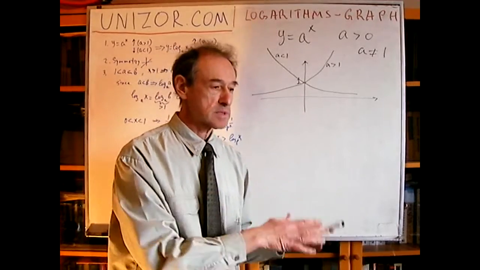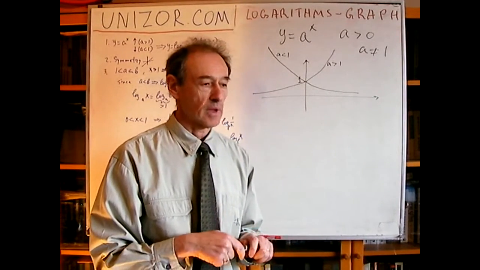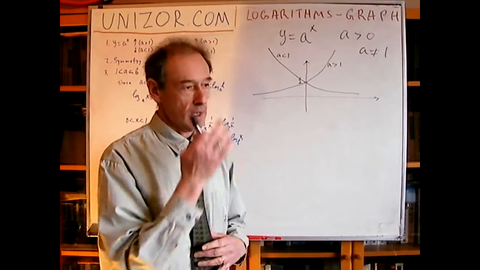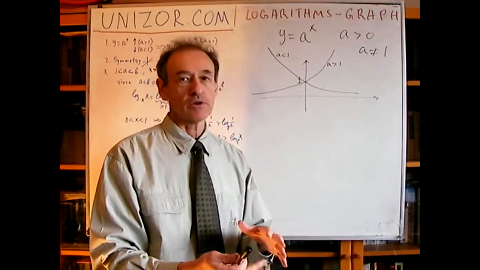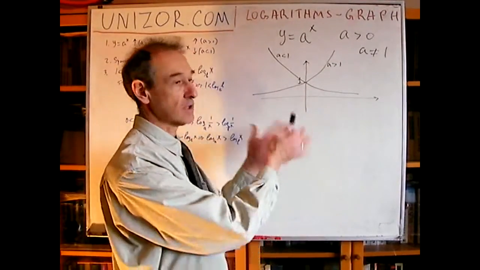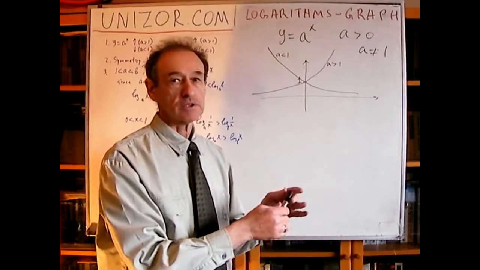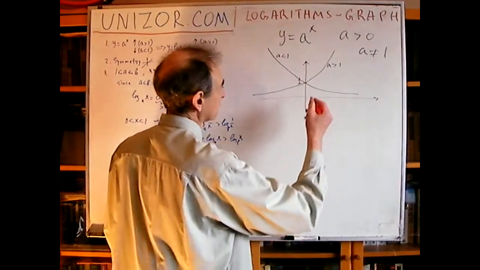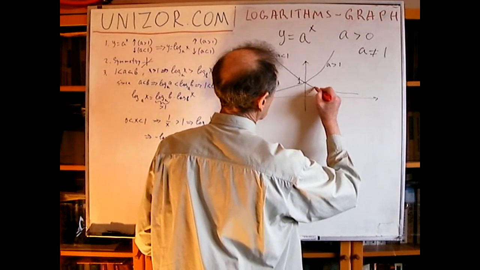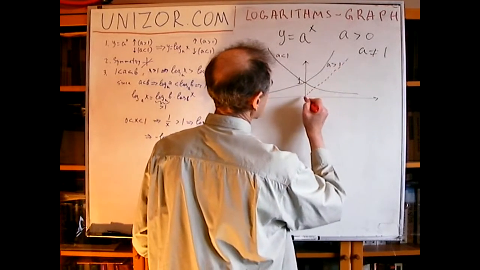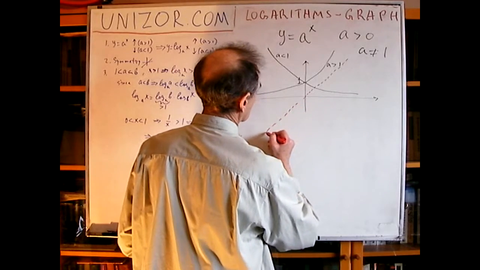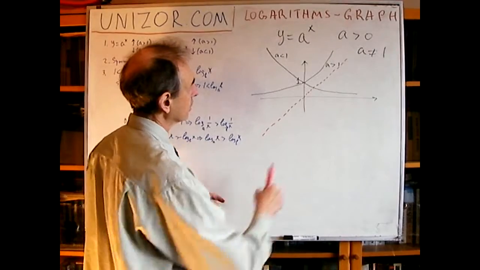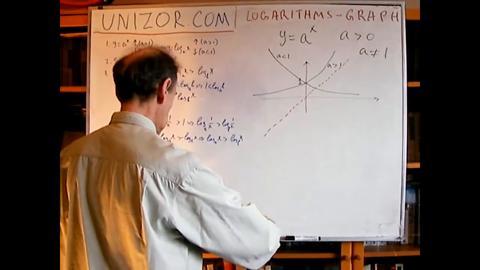And as I was explaining in lectures about monotonic functions and inverse functions, the graph of the inverse function is symmetrical to the graph of the original function relative to the angle bisector between the x and y axes. So this is the angle bisector. Now, symmetrical relative to this line.